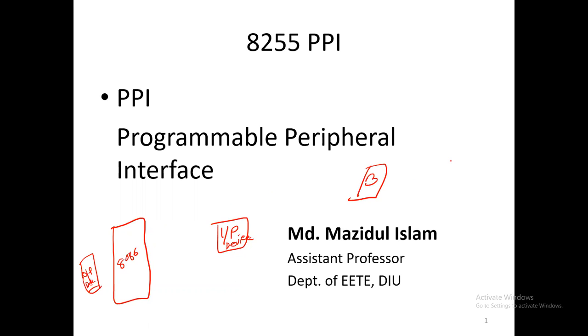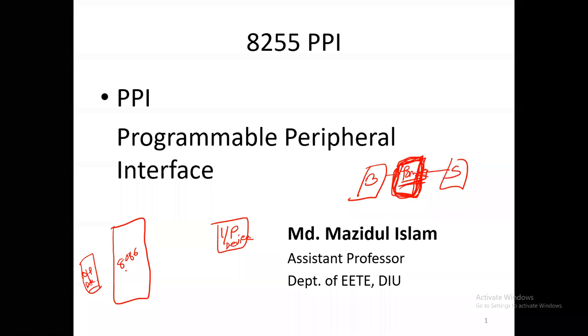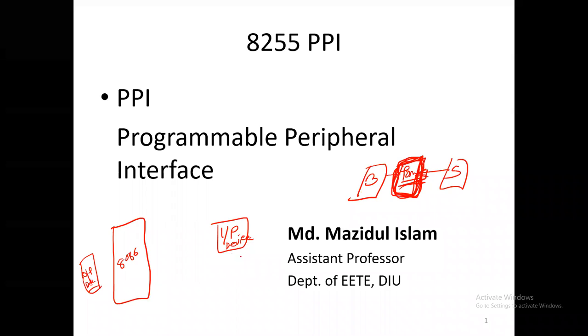Suppose this is Bangladesh and this is Somalia, not directly connected, so you need a port, an airport. This is the communication part, the main part of communication between two countries. Likewise, the microprocessor and the input output device are not directly connected.